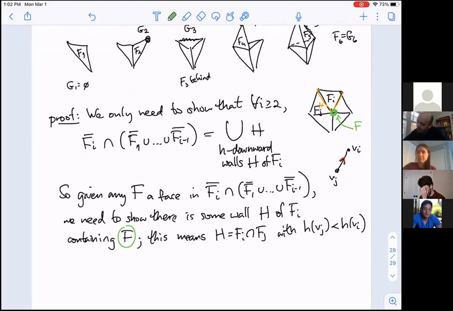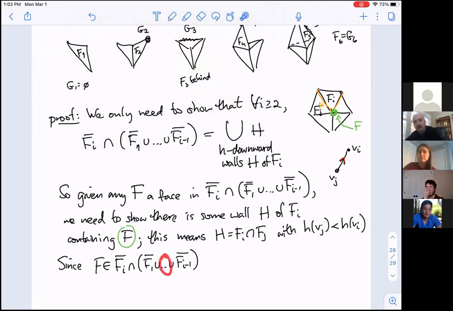But I claim that since F is an element of Fi intersect this union of the previous faces, there has to be one of these previous faces, one of the Fk's in here, such that F is contained in Fi intersect Fk. There exists some Fk that came earlier. K has to be in 1 through i minus 1, which means its h value on that dual vertex is smaller.